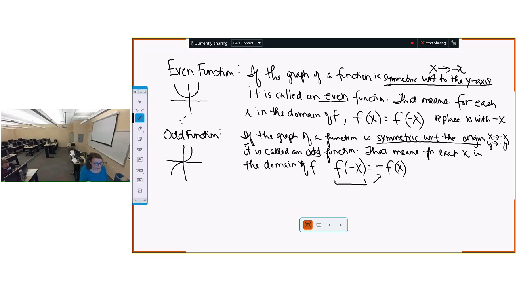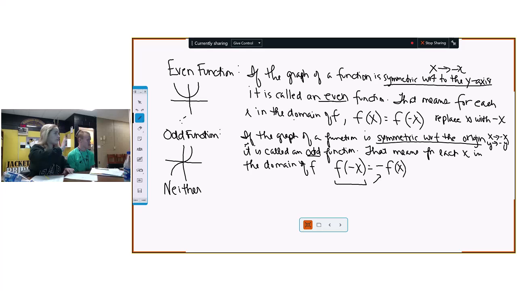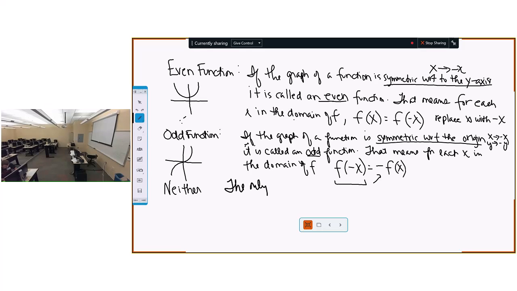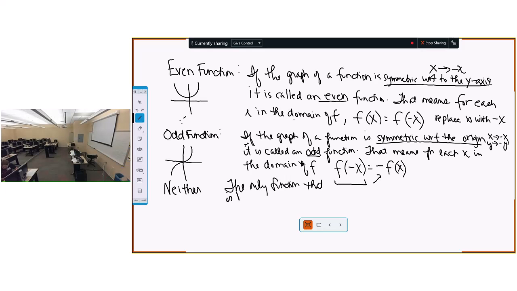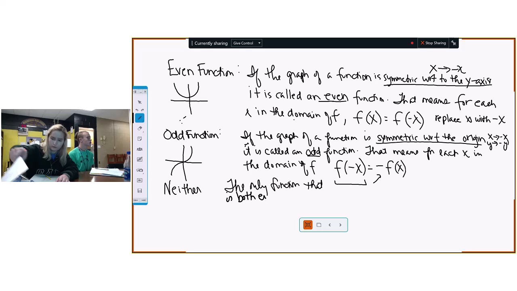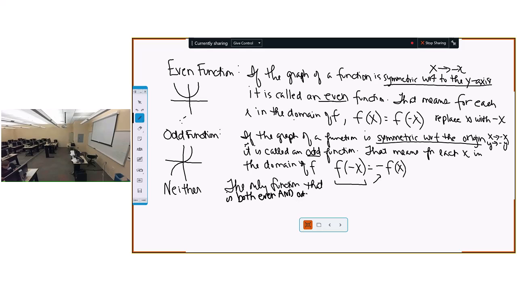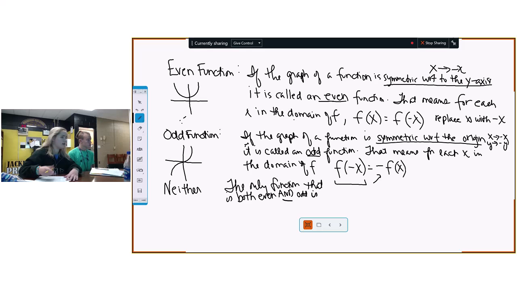Now, all functions don't have to be either even or odd. They can be neither. Okay? The only function that is both even and odd is f of x equals 0.